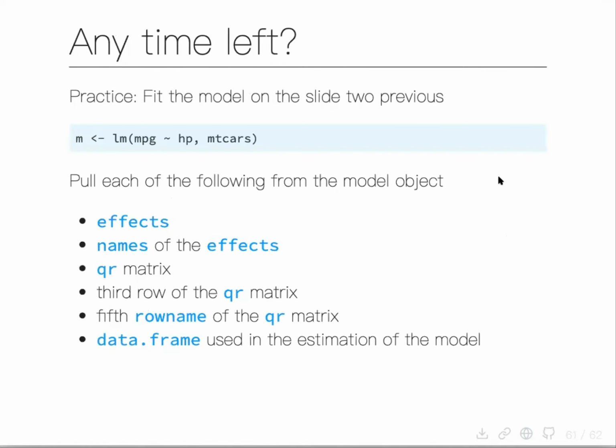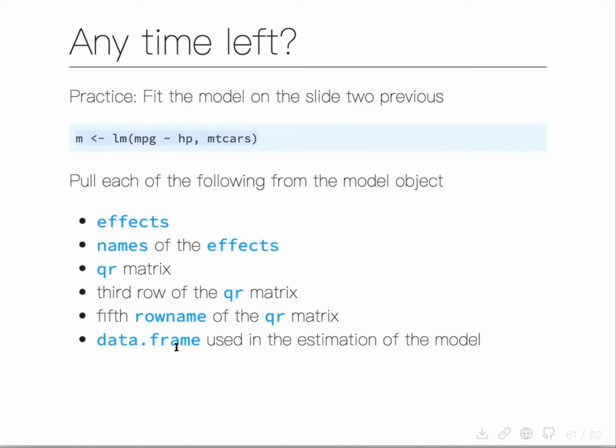So we don't have any time left, but if you'd like to practice on your own, here's another example, right? So we have this M, which is just the same model that was on the previous slide. Even if you aren't comfortable with the modeling, that doesn't matter. If you want to practice subsetting with lists, I would suggest fitting this model and then trying to pull these things out of it.